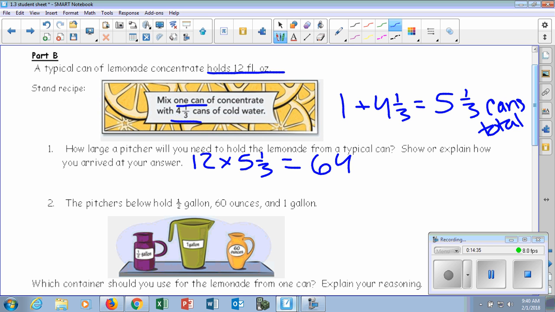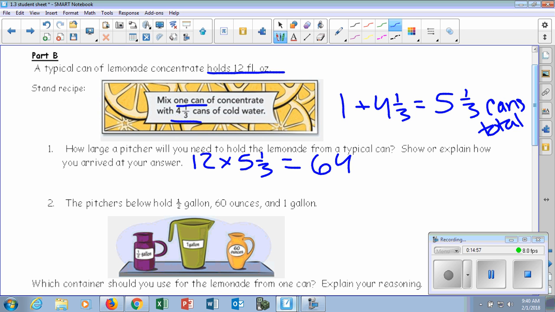And how did you say you did it again? You did 12 divided by 3, and then what did you do from there? 12 divided by 3, and then you added... Okay, you added that to 60. Exactly.